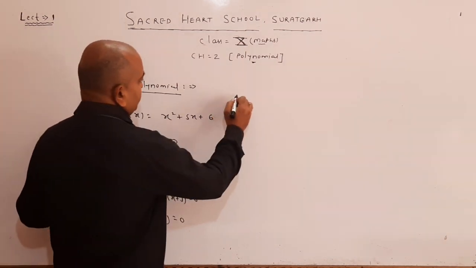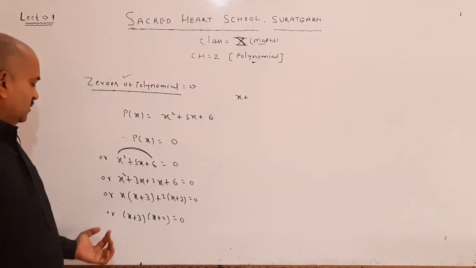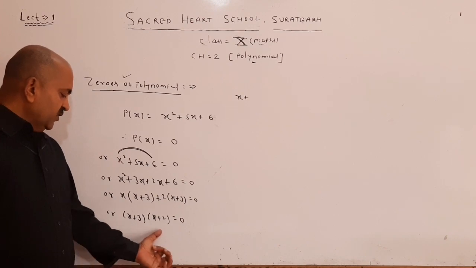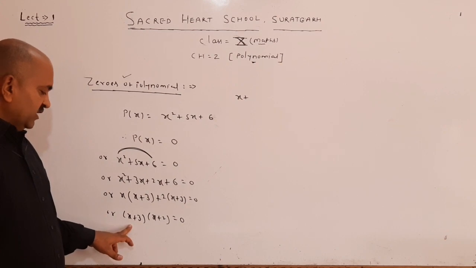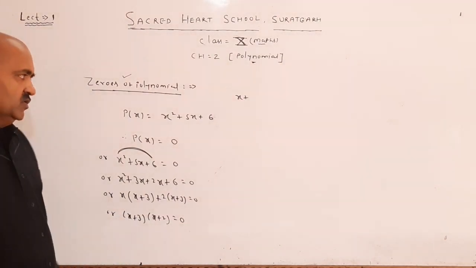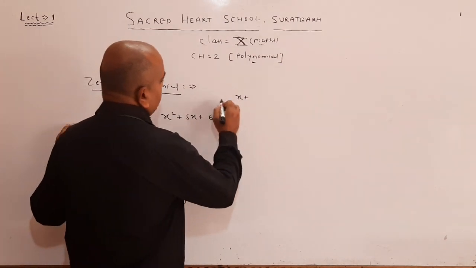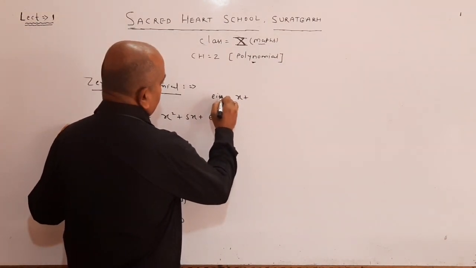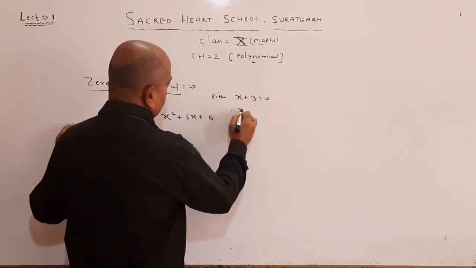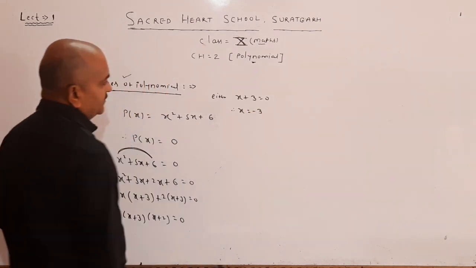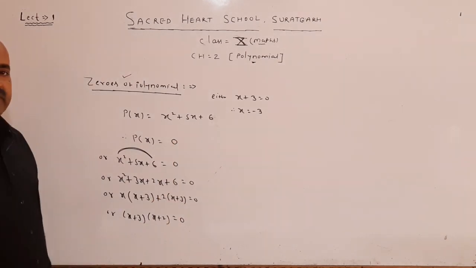Now, because the product of x plus 3 and x plus 2 equals 0, it means either x plus 3 equals 0 or x plus 2 equals 0. Now we take x plus 3 equals 0. Therefore x equals minus 3.